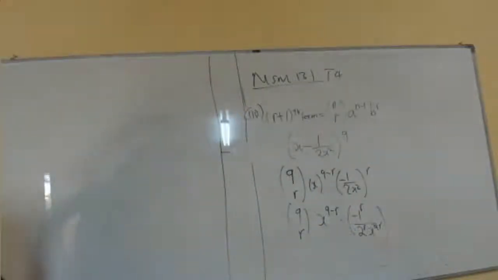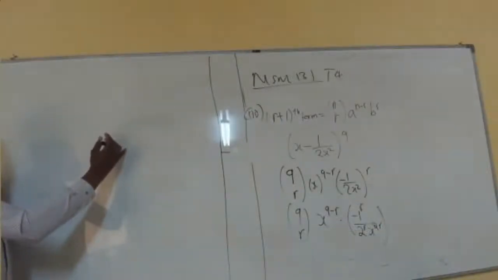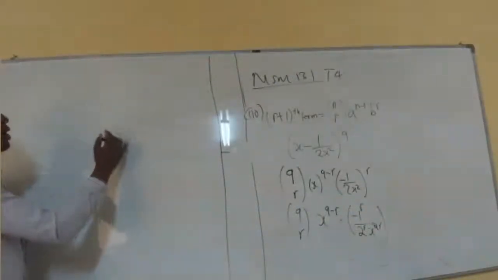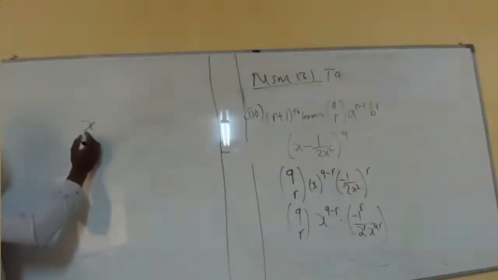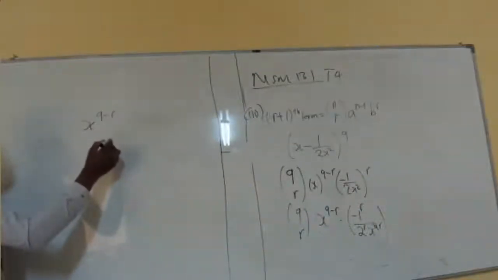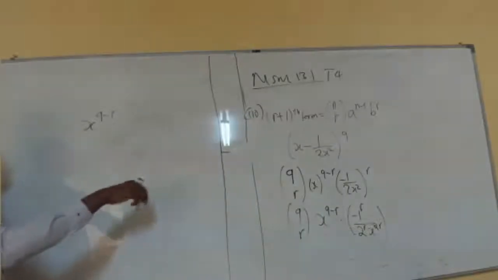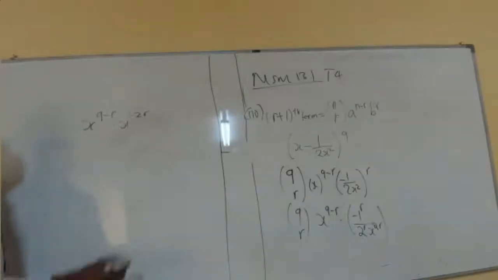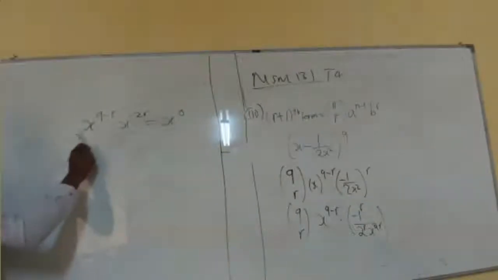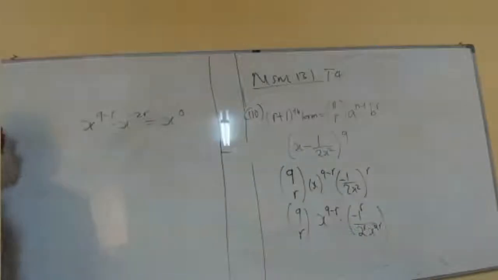So we have x to the power 9 minus r, then multiplied by, if the x in the denominator comes to the numerator, x to the power negative 2r. And this should be equal to x to the power 0, meaning that whatever the product of these two is should end up having a power of 0. Why?